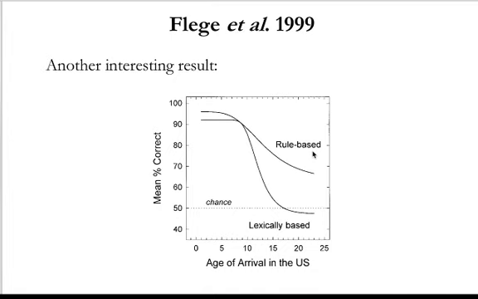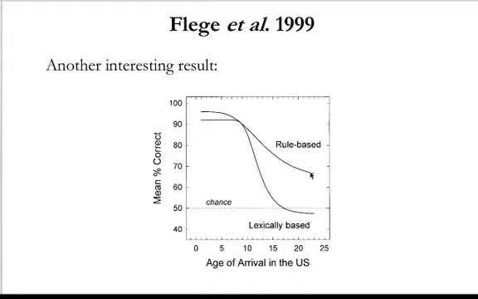Those are referred to here as rule-based, and you can see there's a particular kind of fit here for those items where people seem to be native-like. At this age, they show a decline, but it's a relatively shallow decline, and even the adult learners at this end are not bad at these rule-based kinds of things.